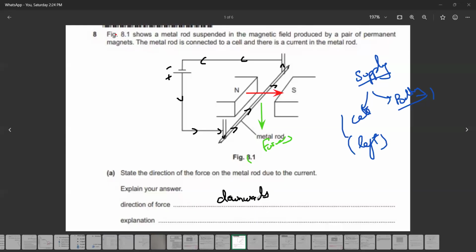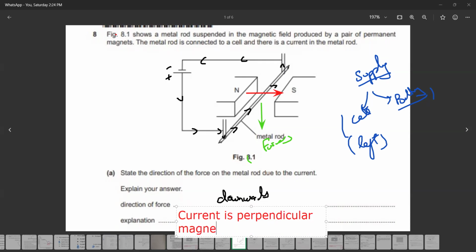What about the explanation for this force? Explanation for this direction of the force. The reason is that the current is perpendicular to the magnetic field, because when the wire is parallel, it won't experience a force. I'm writing the remaining answer here.